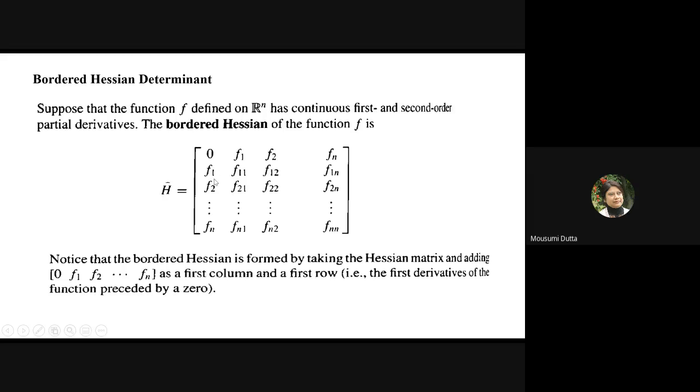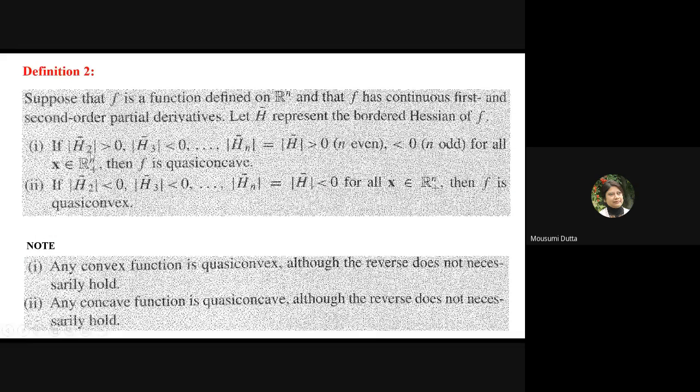Then we can consider 0, F1, F2, and so on, that is 2 by 2. Instead of F1, F11, we can bring in F2, F12. In a similar fashion, we can move on like this. So it starts with the notation 2, because the minimum order of the determinant, or of the associated matrix, will be 2.